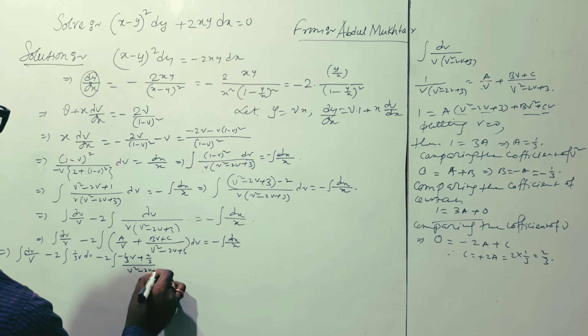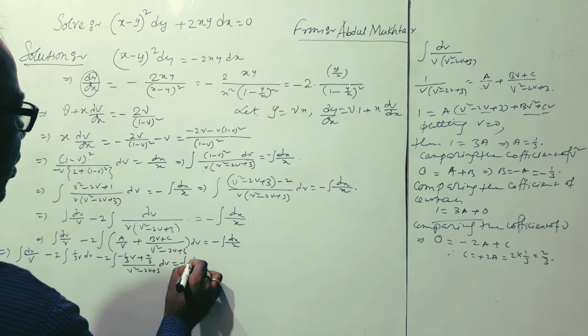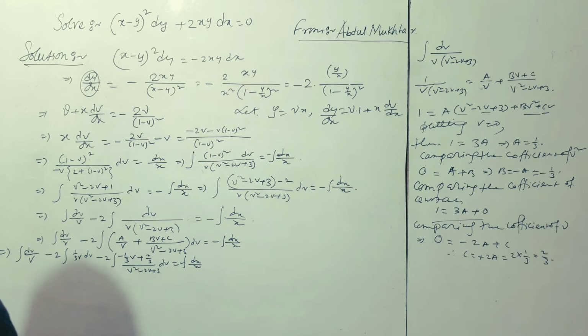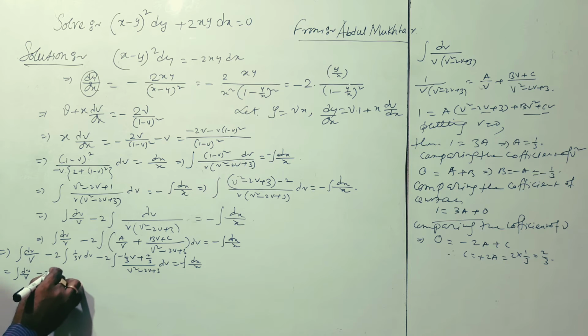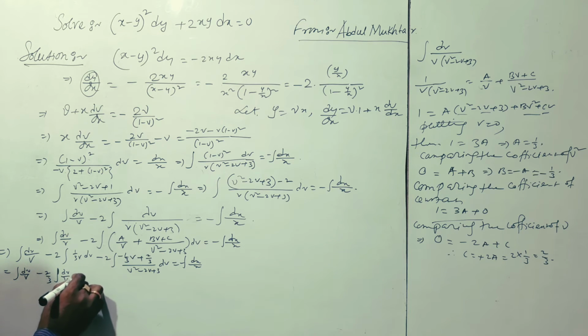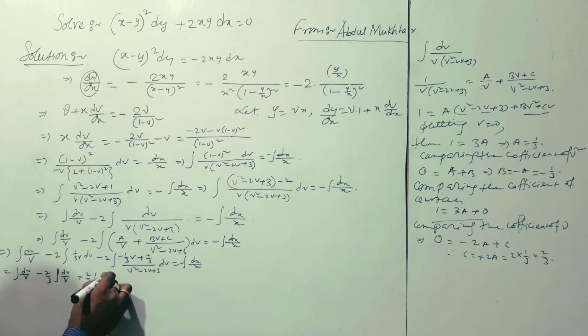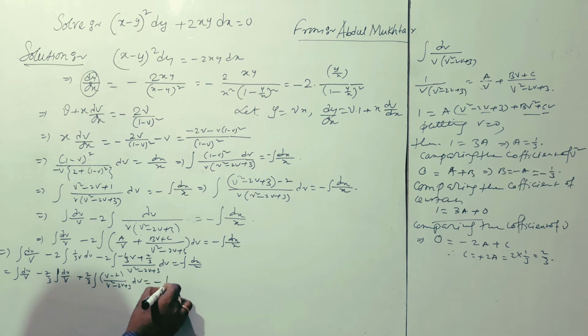Integral of 1/3 dv by v plus 2/3 times v minus 2 by v square minus 2v plus 3, and dv, equals minus dx by x.